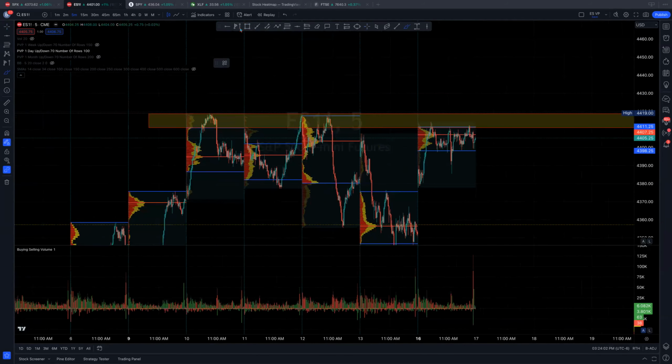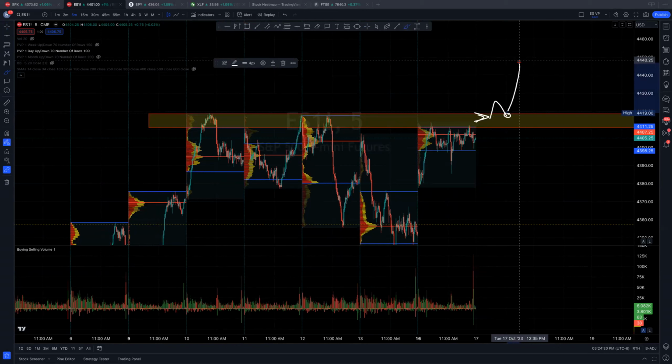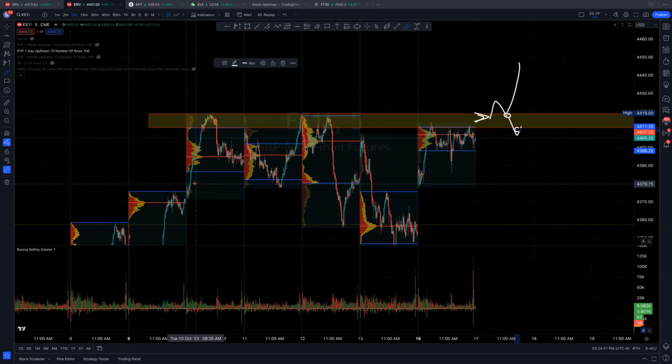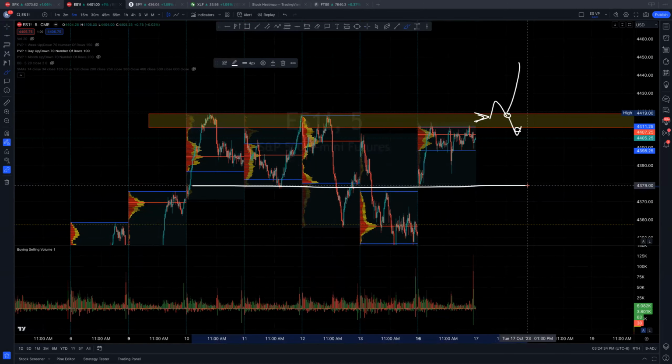So I want to see a high volume node form somewhere up here. I would prefer to see the high volume node form right here, move up, come to retest, then try to take longs here to play for an upside move to like 44.50. If we don't make a high volume node and we just do this, I'm going to be looking to enter short somewhere around here and target these lows right here.